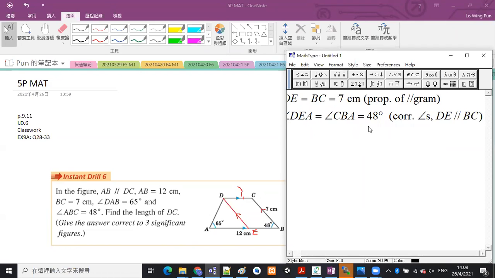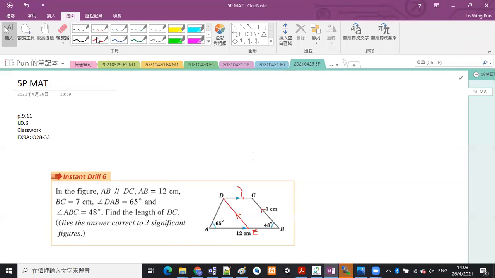So what did I do here? I have transferred the 7 cm to here. I have transferred the 48 degrees to here, 48 degrees. This is 7 cm.